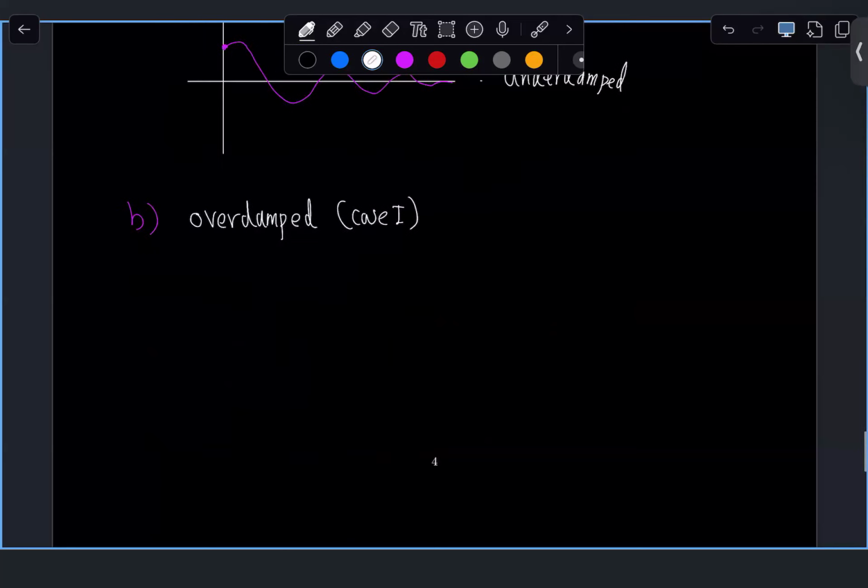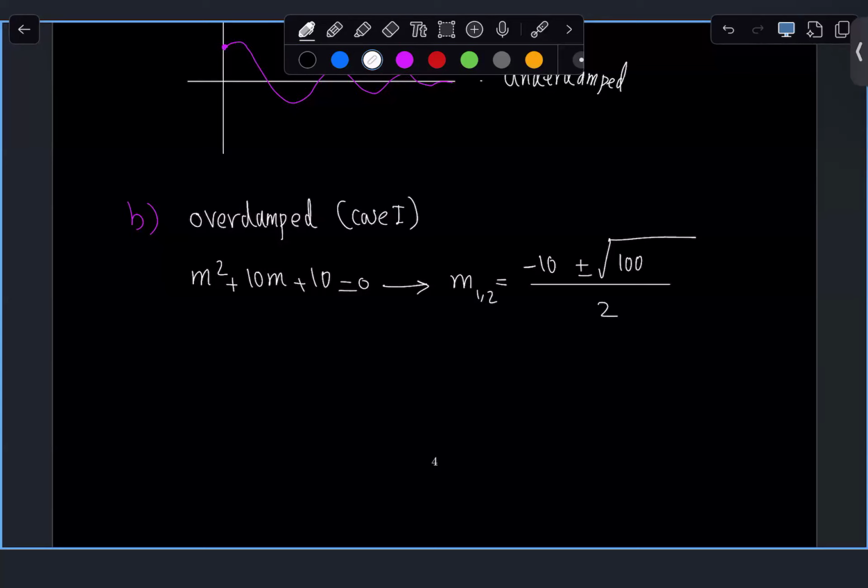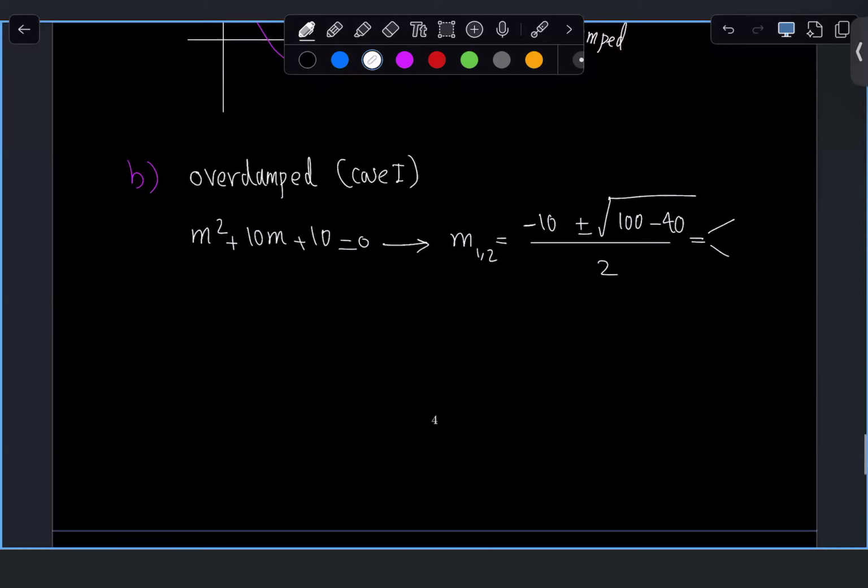Because the roots come from m squared plus 10m plus 10. So the two roots will be negative 10 plus minus the square root of 100 minus 40, all over 2. I don't know what the two answers will be, so you can use your calculator.